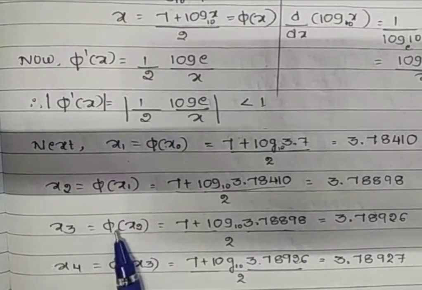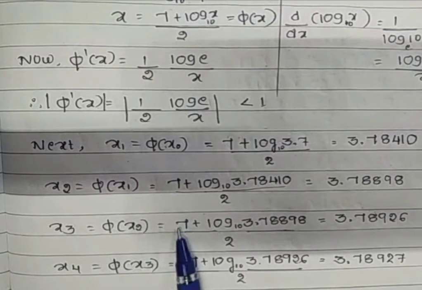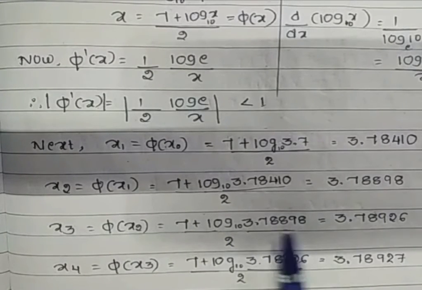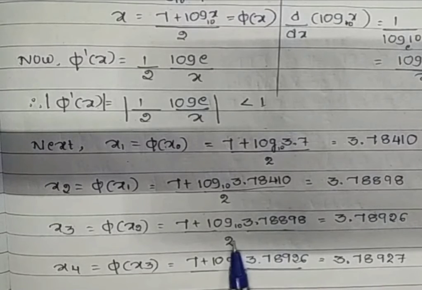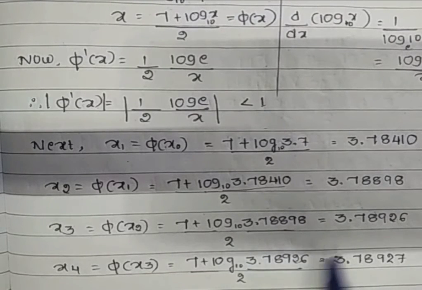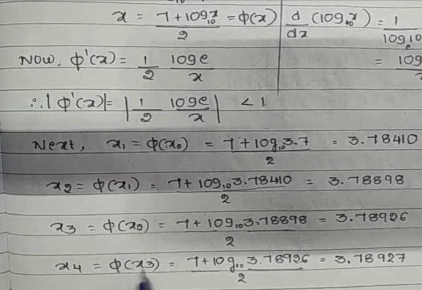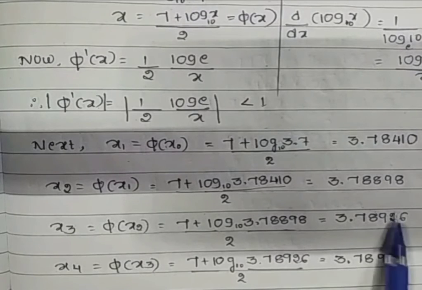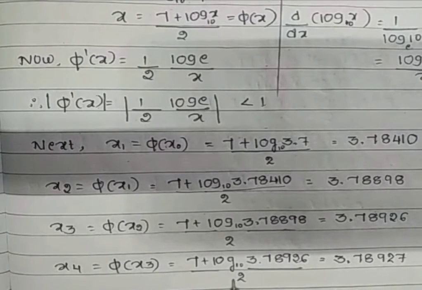So x3 is equal to phi of x2, that is 7 plus log of the previous answer 3.78898, divided by 2. Again using the calculator, we get 3.78926. Then x4 is phi of x3, that is 7 plus log of 3.78926, the previous answer, divided by 2.